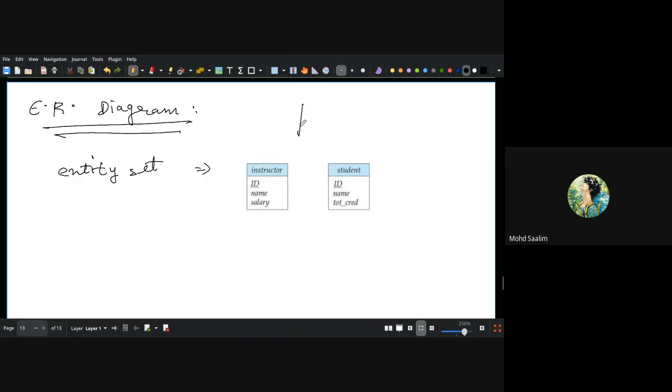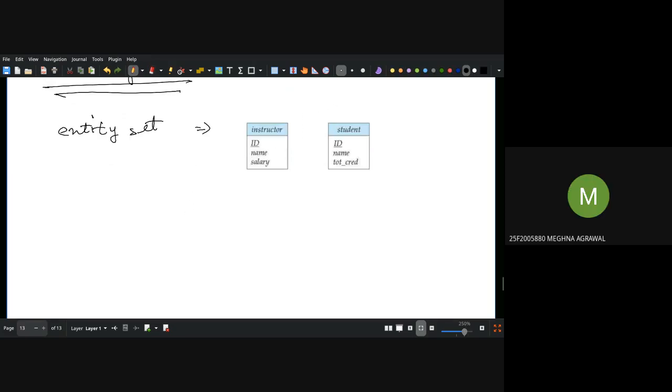You use a rectangle, you write the name of your entity set, then here you define the name of your attributes, and you can see this underline. What is the meaning of this underline? The primary key. Right, primary key.